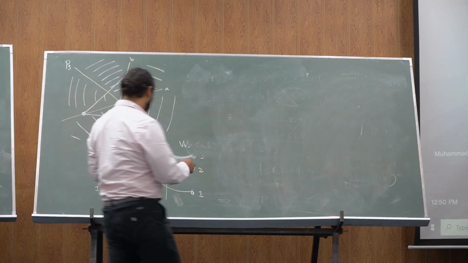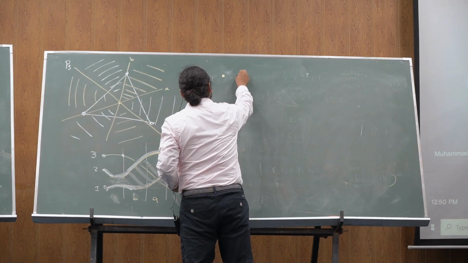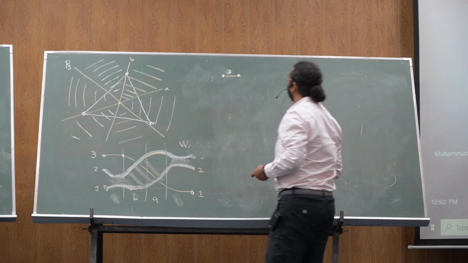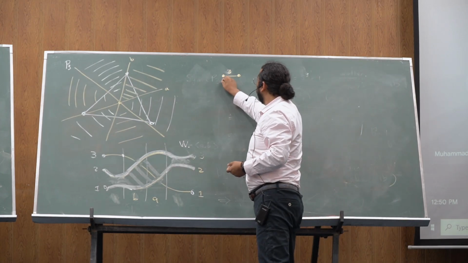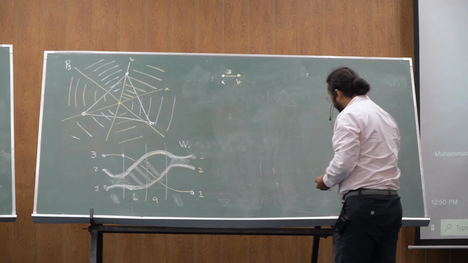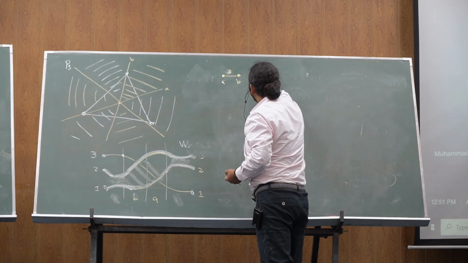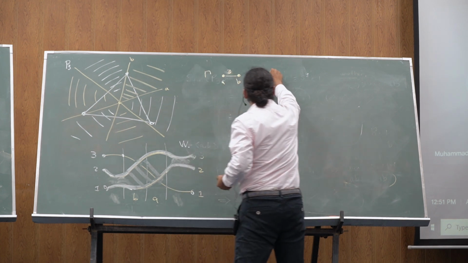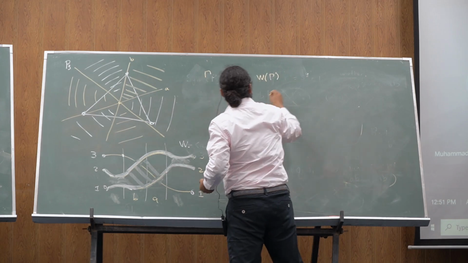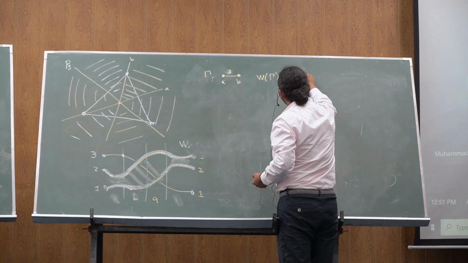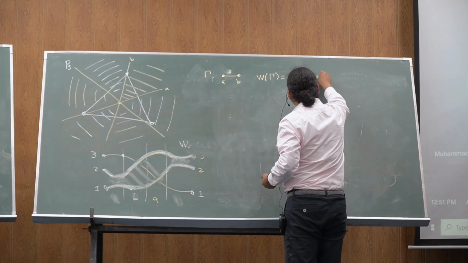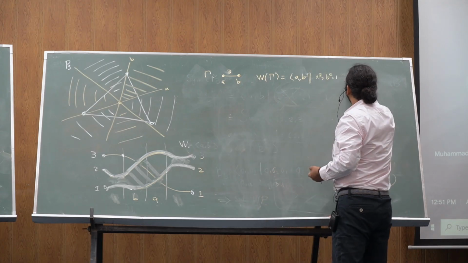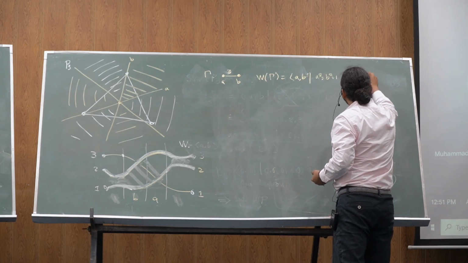So what happens if I take 1, 2, with a 3, and here I put A and B? Then it will be the Coxeter group of this. It is: A, B, A squared equals B squared equals 1, and ABA equals BAB.